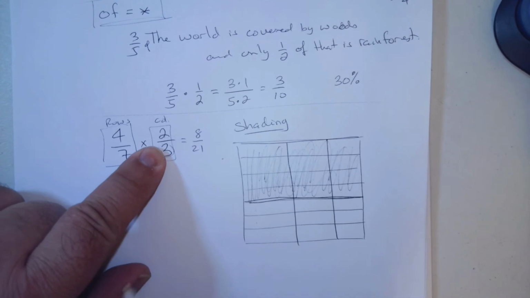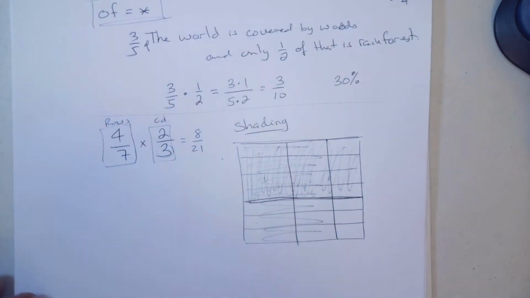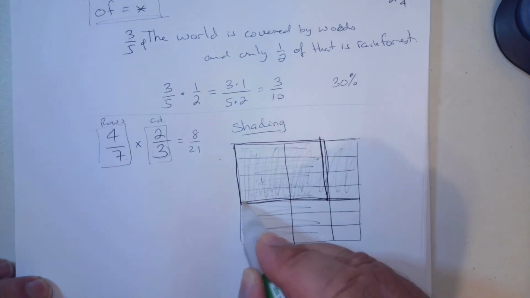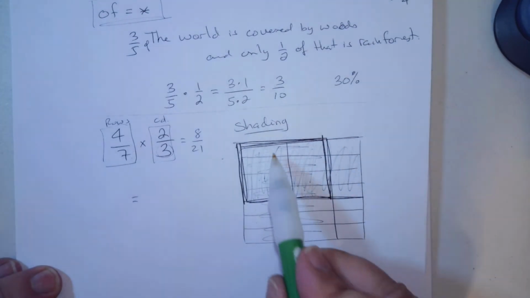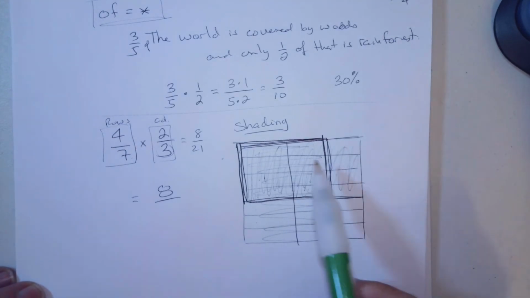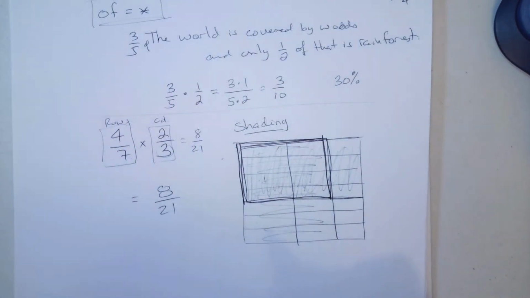We shade in 2. We only want to care about where they're overlapping. 1, 2, 3, 4, 5, 6, 7, 8. And counting all the squares, 21. There we have it. That's how we can graphically represent this. So we're only looking at where they overlap.